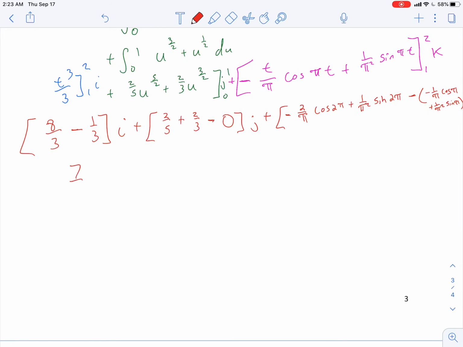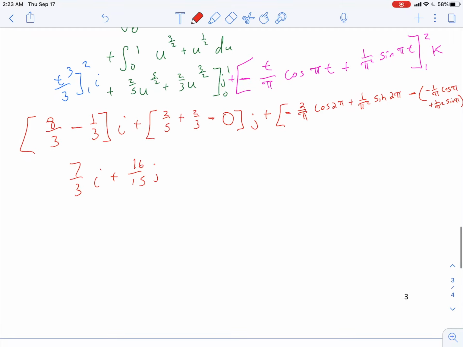Alright, so on the left we have 8/3 minus 1/3, which is 7/3 i. 2/5 plus 2/3: get a common denominator of 15, so 3 times 2 is 6, 5 times 2 is 10. 10 plus 6 is 16 over 15 j. And then we still have to do all of our trig. Cosine of 2 pi is just 1, so we're going to have negative 2 over pi, plus sine of 2 pi, which is just 0.